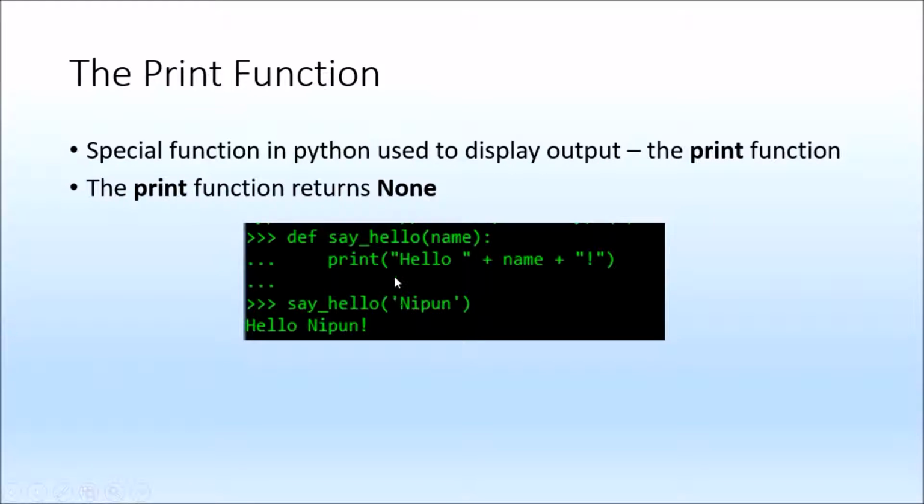One thing you might have noticed is it strips away the quotations. So what the print function actually does is it takes whatever you input and makes it into human readable format and displays it. The actual details of how it does that is a little more complicated and something I'll go over later in the course. But for now, that's all you need to know. The print function also returns None.